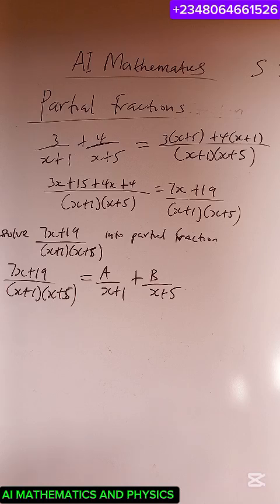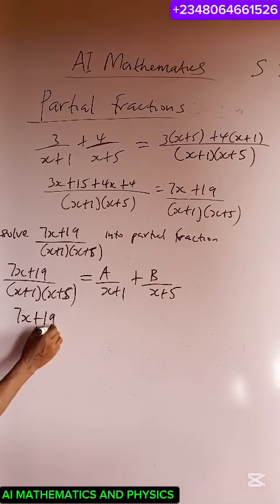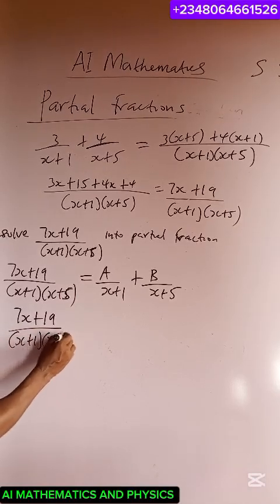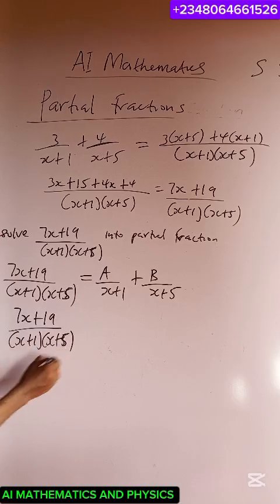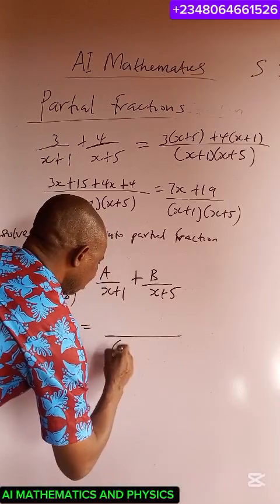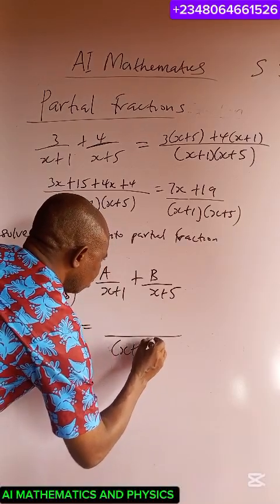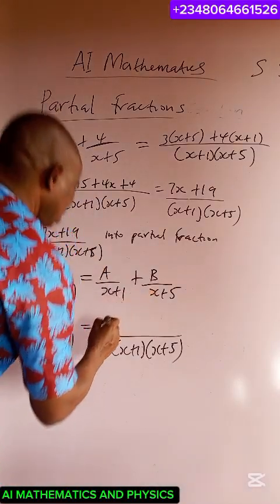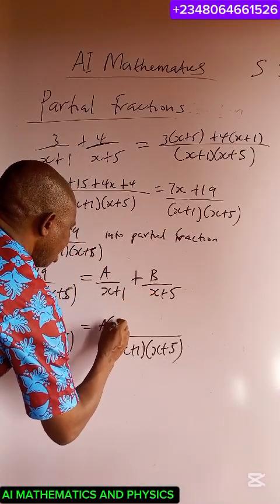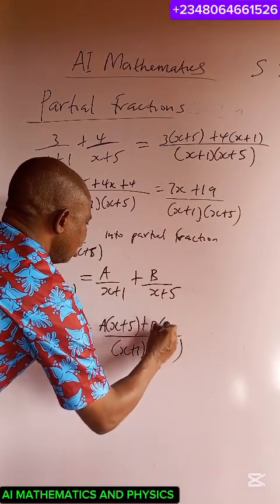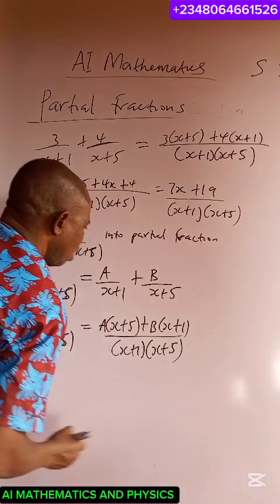Now, you find the LCM of this. So this will be equal to, the LCM is x plus 1, x plus 5. This multiply this, you have A times x plus 5, plus B times x plus 1.